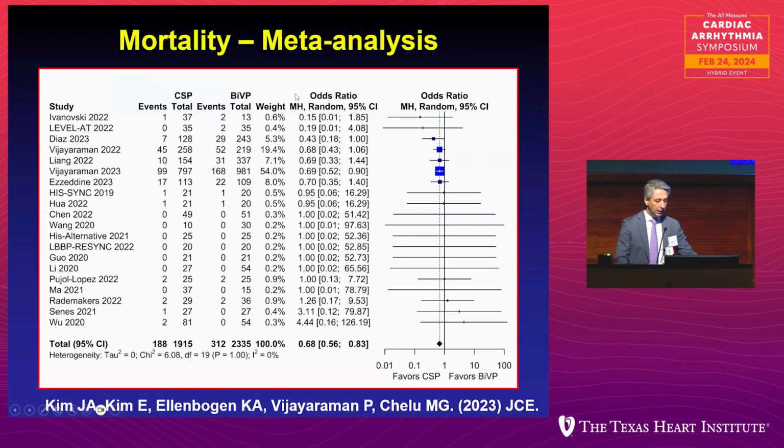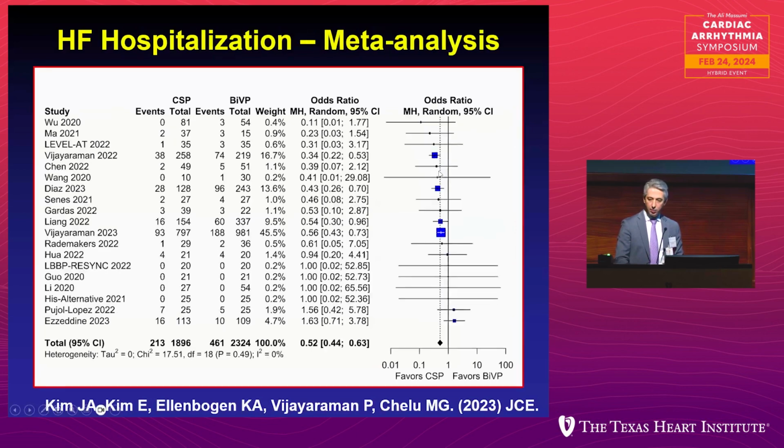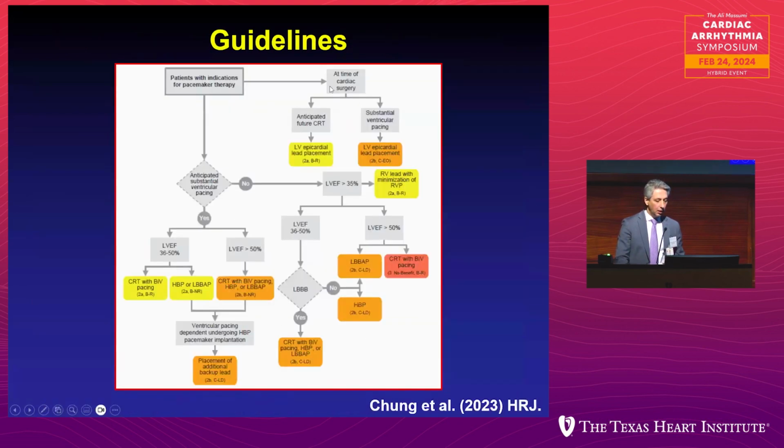We conducted a meta-analysis combining all the published studies, both smaller randomized clinical trials and retrospective data, and it seemed there is a significant decrease of all-cause mortality with conduction system pacing, heart failure hospitalization.